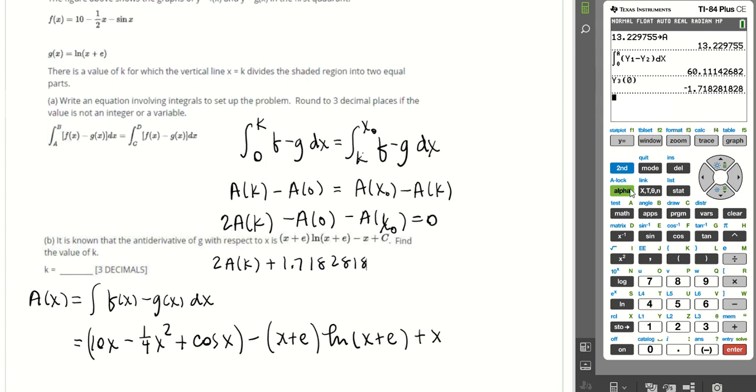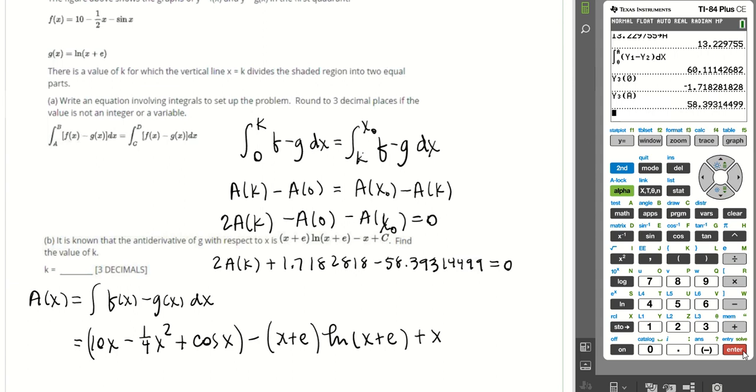And then negative of a of x0, plug x0 into y3, which I can calculate, and I'll get 58.39314499. And then that's equal to 0. Maybe I didn't need to set this equal to 0 because I just want a of k. I'm going to have to pick this back up in a second. My class is about to start.